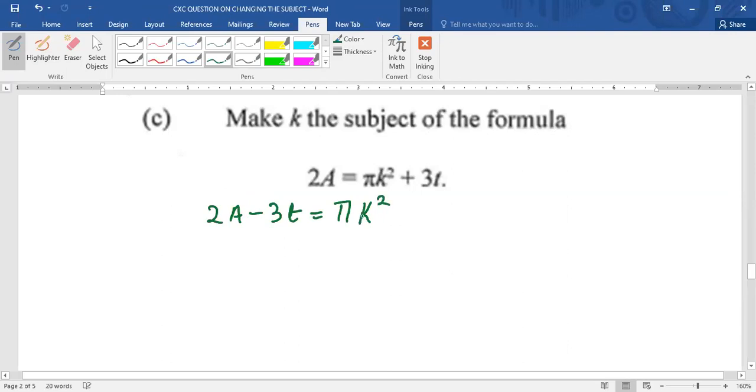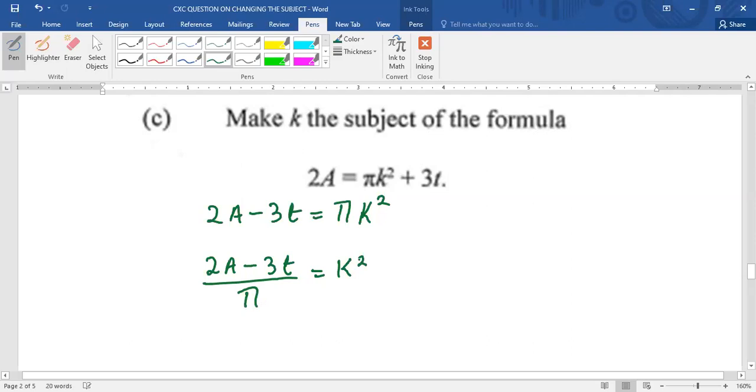All right. What will I do next? You move the pi. The pi is multiplying, so to move it we divide. So you put the pi as the denominator, equal to k squared.